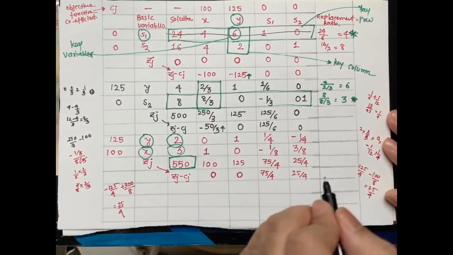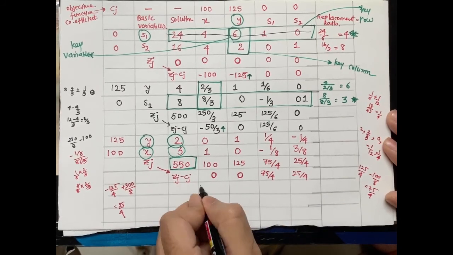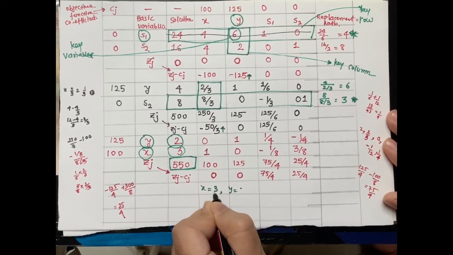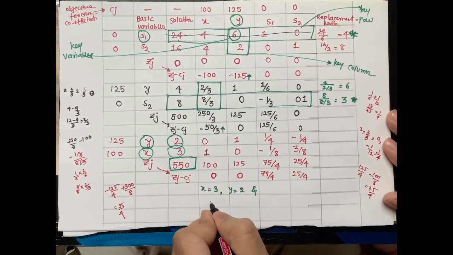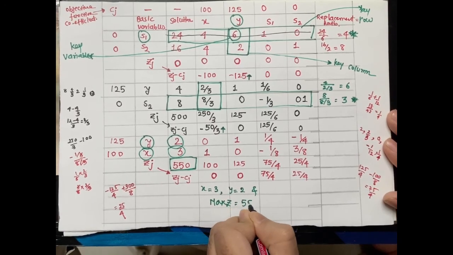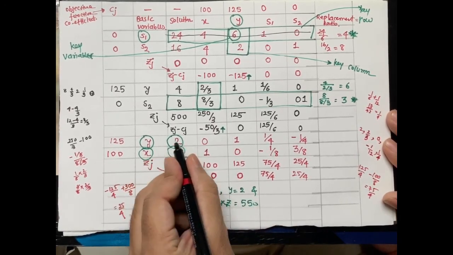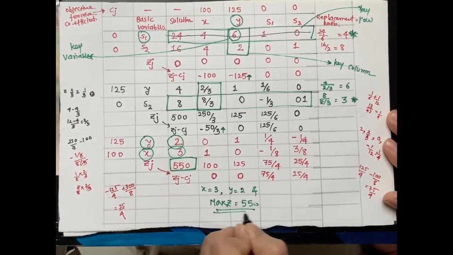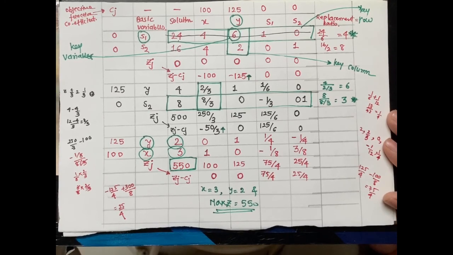The same I was getting from the algorithm. So here I can write that x should be 3, y should be 2, and max Z is 515. If I put these into my objective function, I can get the maximum value of the function as 515.